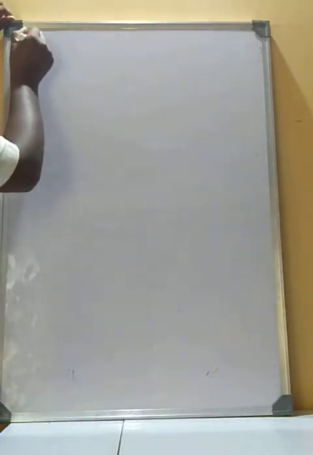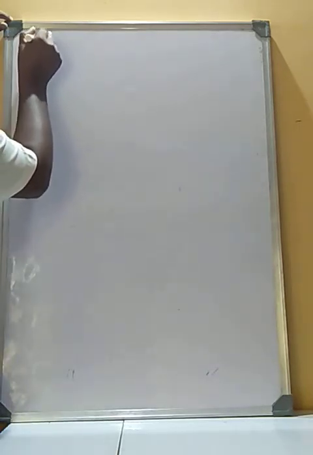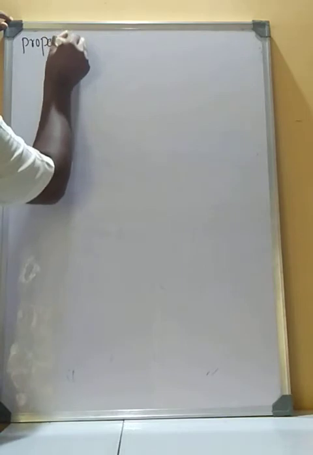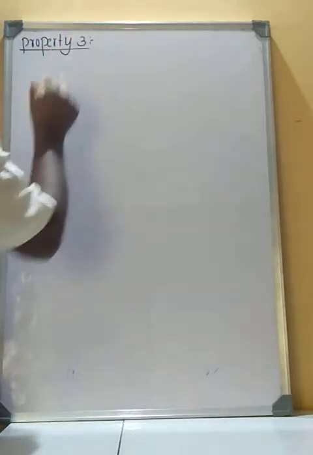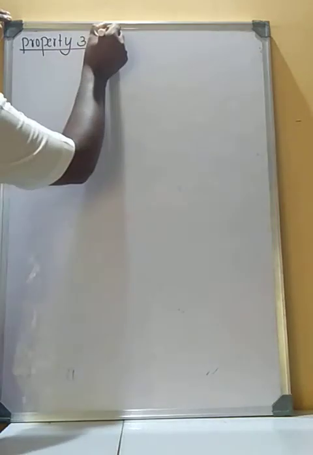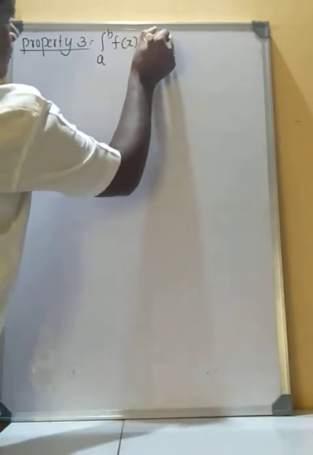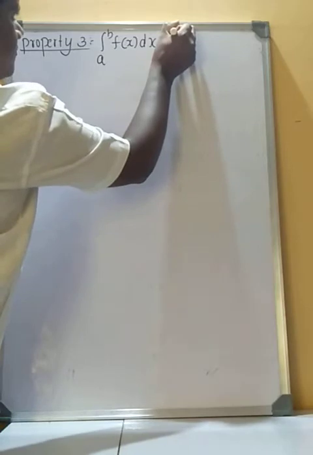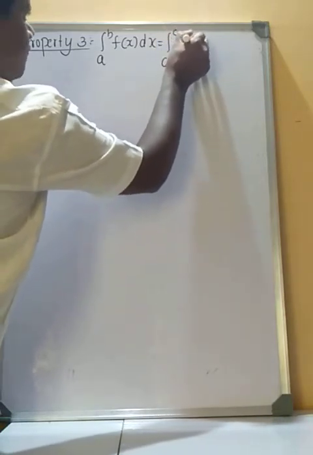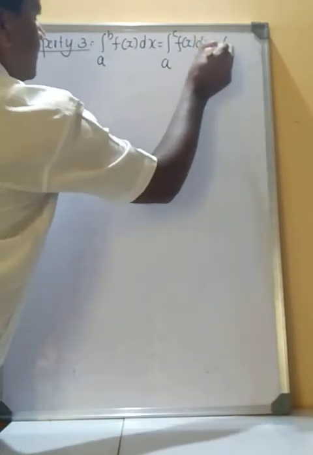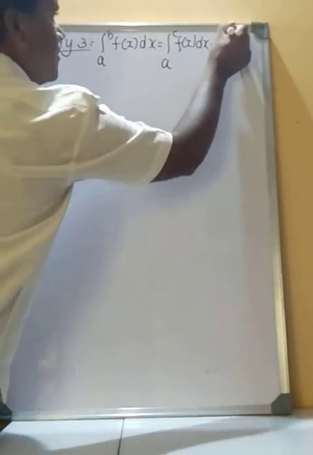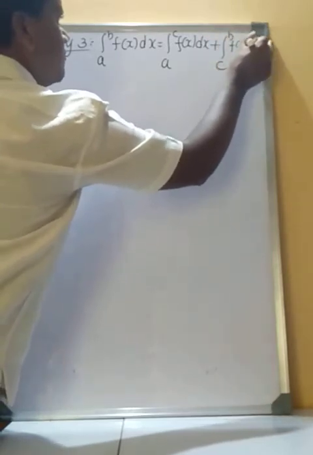Then property 3: integral a to b f of x dx equals integral a to c f of x dx plus integral c to b f of x dx.